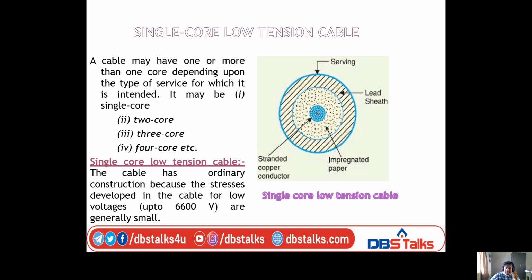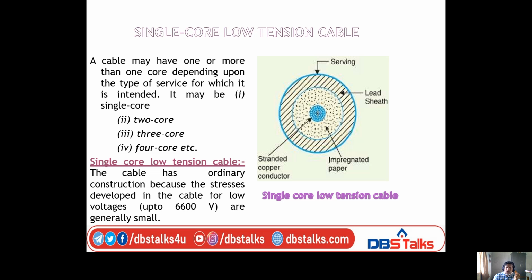That conductor is covered with an insulating material made up of impregnated paper. Here, in low tension cable we are utilizing impregnated paper as insulating material. The insulating material is surrounded by a lead sheath and then that is surrounded by a serving. Serving is nothing but complete protection.